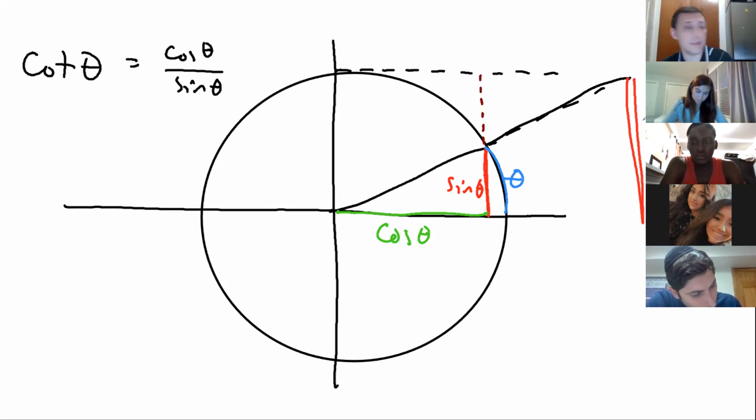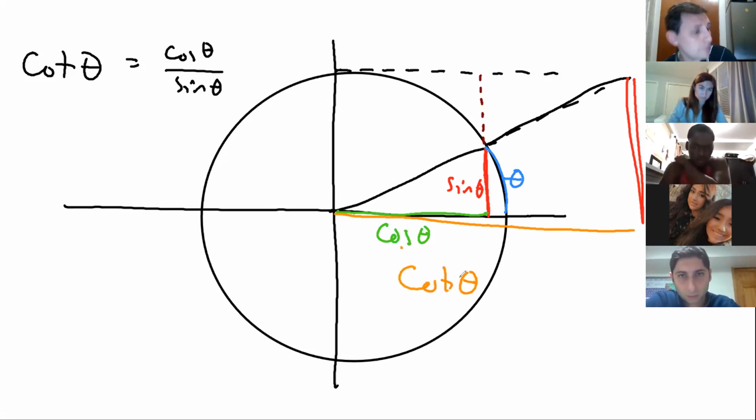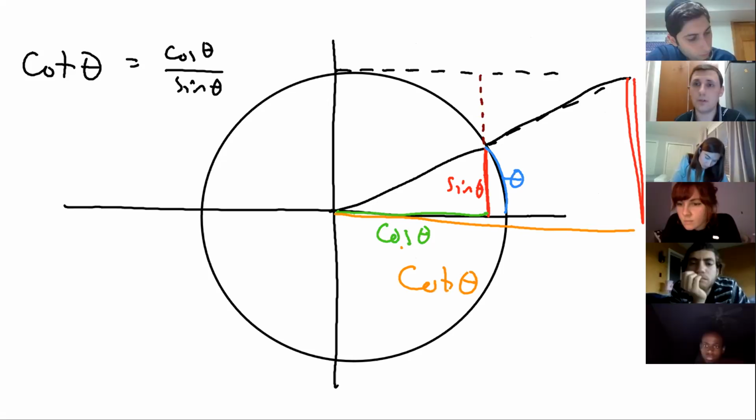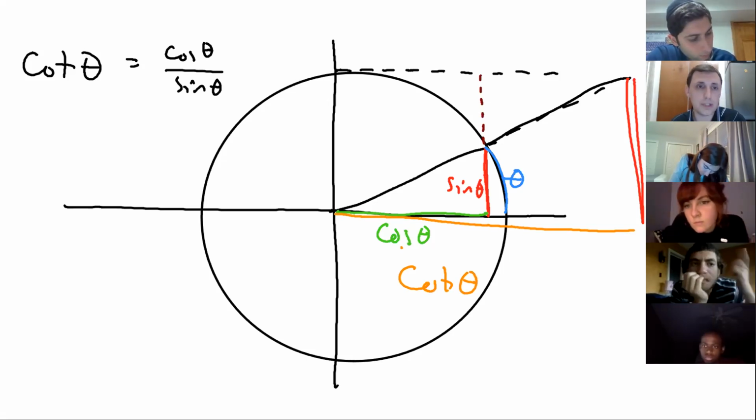And where do I see cotangent in this picture? Well, it's right over here, for instance, because this divided by that is cotangent theta. Good? You can draw it in some other place if you prefer. You understand what I do, guys?